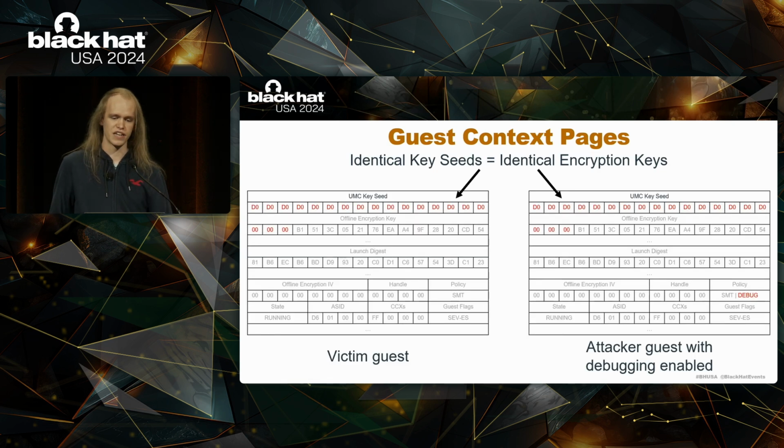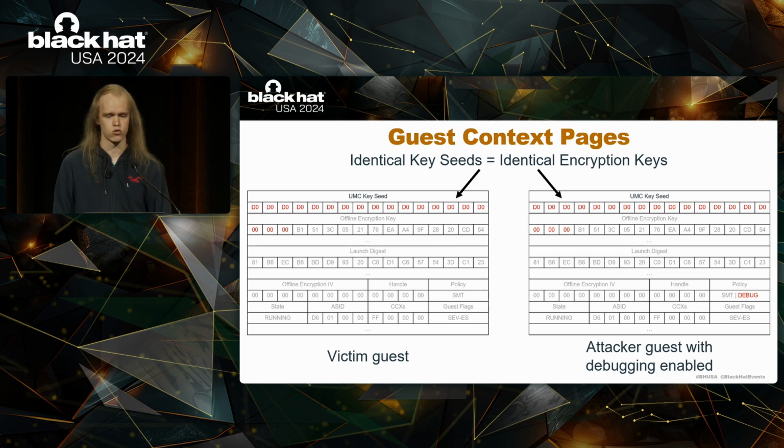And this is interesting for the following reason. If we have 2 identical guests with 2 identical UMC key seeds, the encryption keys used by both of those guests are also the same. Usually, every guest is launched with a unique encryption key for obvious reasons, but if we use this vulnerability and target the UMC key seed field in the guest context page, we can force multiple guests to use the same encryption keys.